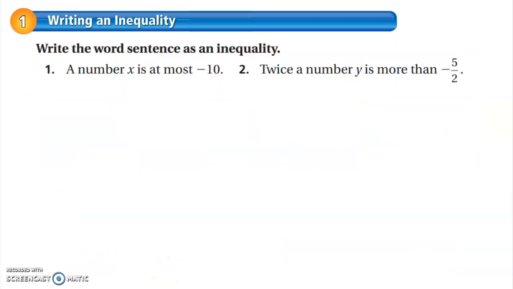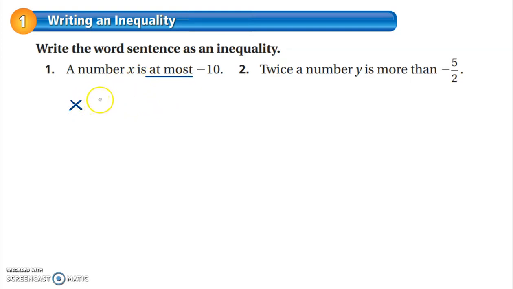Okay. All right, let's look at a couple of examples. We want to write an inequality. So let's write this sentence right here as an inequality. A number x, so we don't know the number, is at most negative 10. There's at most. There's that tricky line. Okay, x is at most.